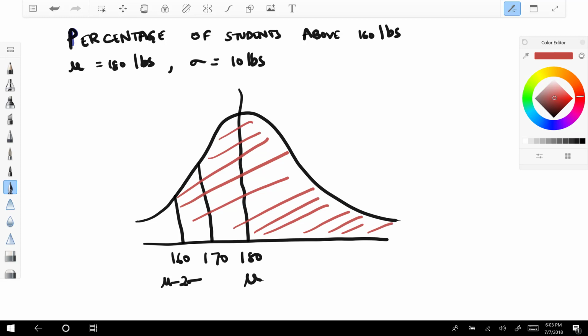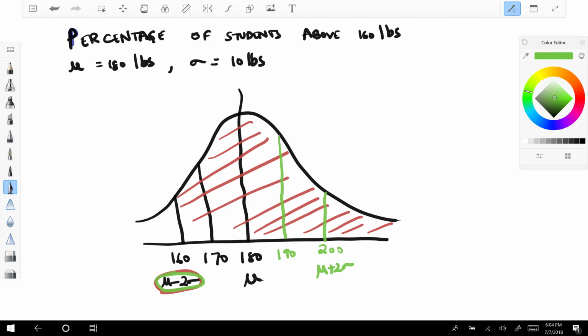So to calculate that, this is mu minus 2 sigma. If I know mu plus 2 sigma, so let me change the color. So mu plus 2 sigma is somewhere here. Suppose this is 1 sigma, so this should be 190. This should be 200.